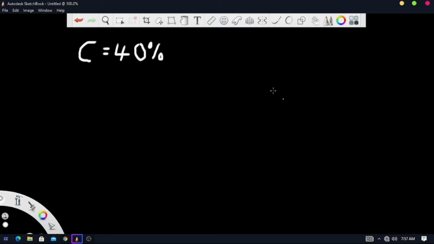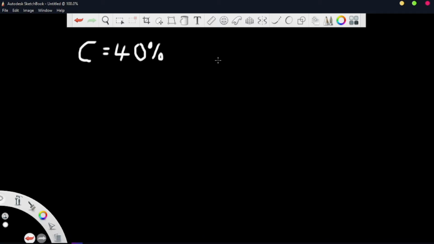Let's say we have a certain compound which contains carbon, approximately 40% carbon. And then let's say it contains hydrogen, 6.67%.